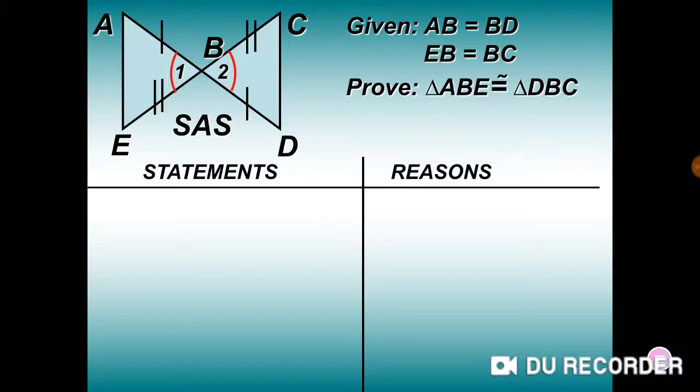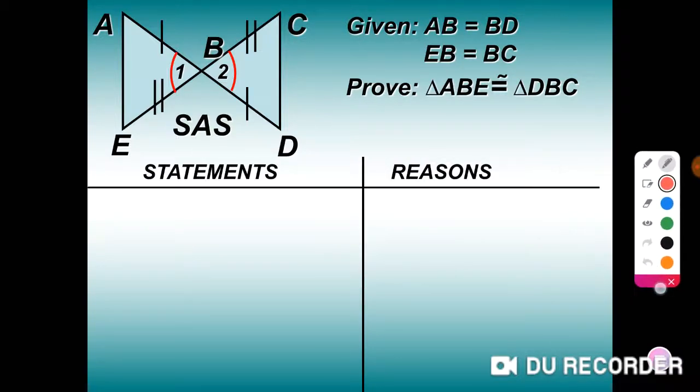Okay, so first of all, you need to know that this proof is our method to prove the 2 triangles are congruent, and we call this type of proof a two-column proof. This is the column for statements, and this is the column for reasons.